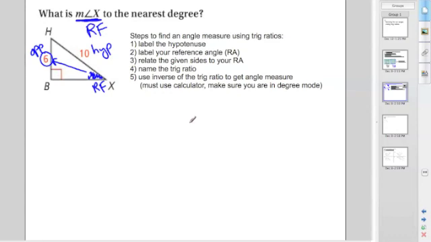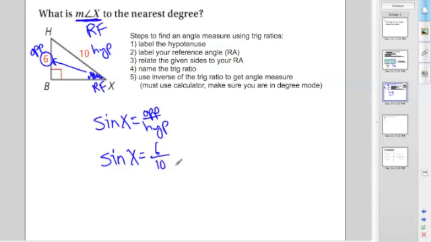Now we have to know our trig ratio. What ratio uses opposite and hypotenuse? It's sine x equals opposite over hypotenuse. Since we don't know x, it's still sine x. We know opposite is 6, over 10.